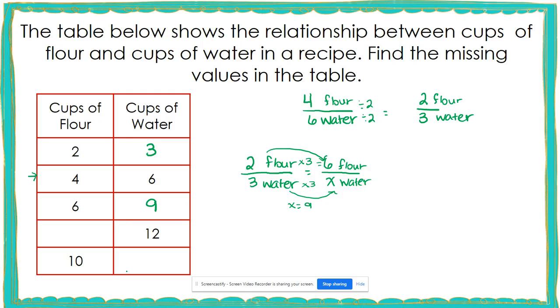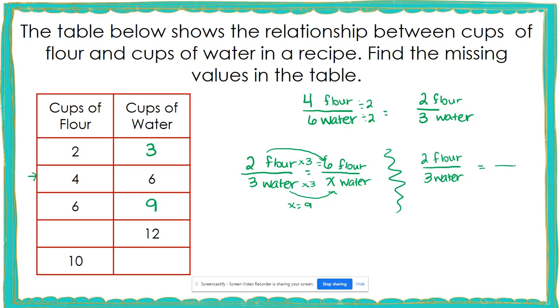Now I can do the same thing, and now I can look at 12 cups of water. So I'm still using my same rate, which is that for 2 cups of flour, I always use 3 cups of water. But this time, I know that I have 12 cups of water.